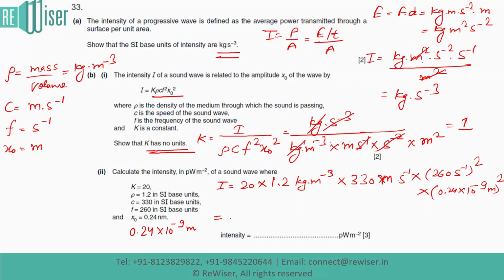So basically it will become 20 into 1.2 into 330 into 260 square into 0.24 square into 10 to the power minus 18. And the units, as we have calculated here, are kilogram only, meter minus 3, meter minus 2, and meter 2 here. So meter will be cancelled out, leaving s minus 3.